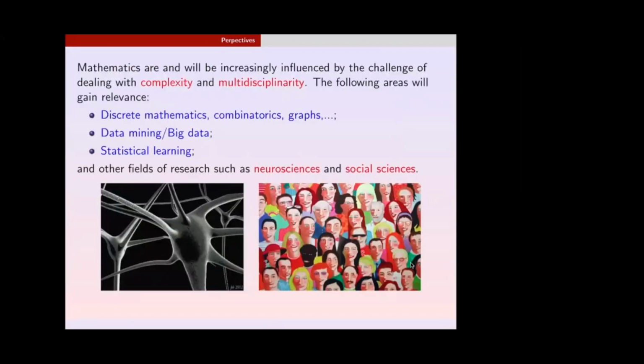And as I said, nowadays we are more and more influenced by the need of combining continuous modeling with the modeling of discrete, right? Graph theory, networks, statistics play a more important role, right? Data mining, big data, data sciences, machine learning, statistical learning are key areas.